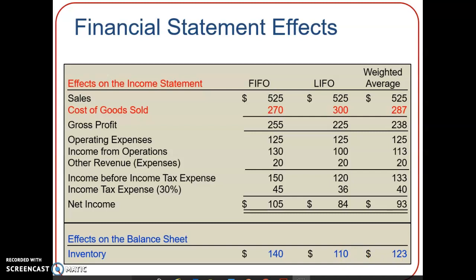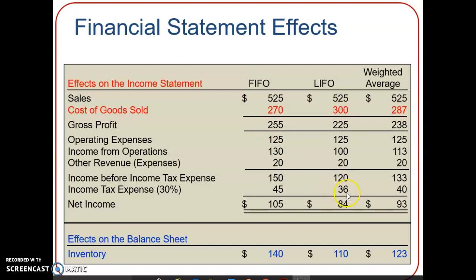And another thing I want to mention here is because of the difference in the cost of goods sold, or COGS, the net income or the income before tax was different. FIFO is highest, LIFO is lowest. As a result, for the same tax rate for the current period, FIFO has the highest tax expense.